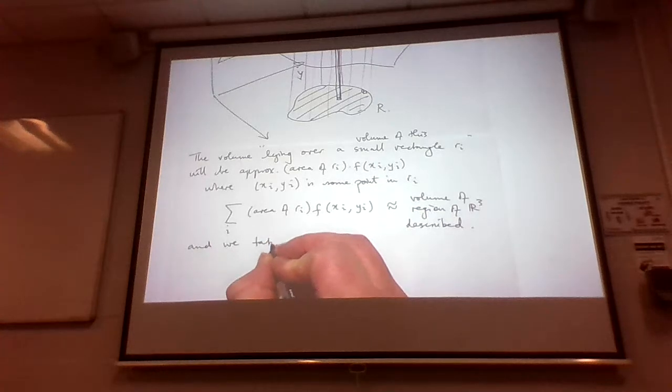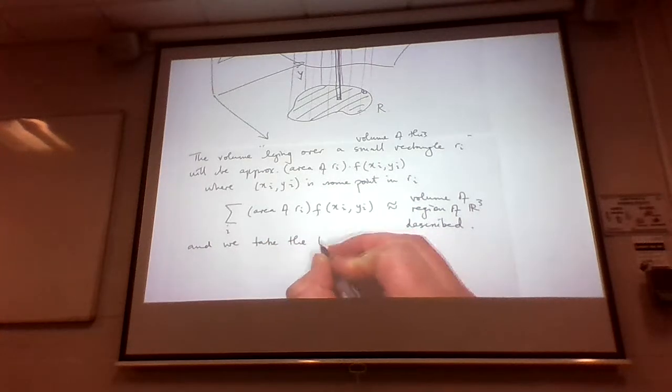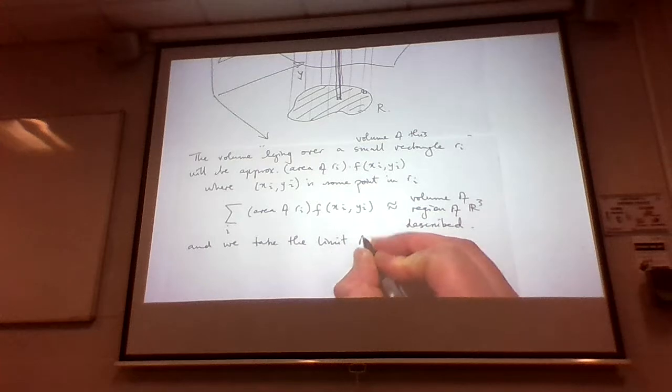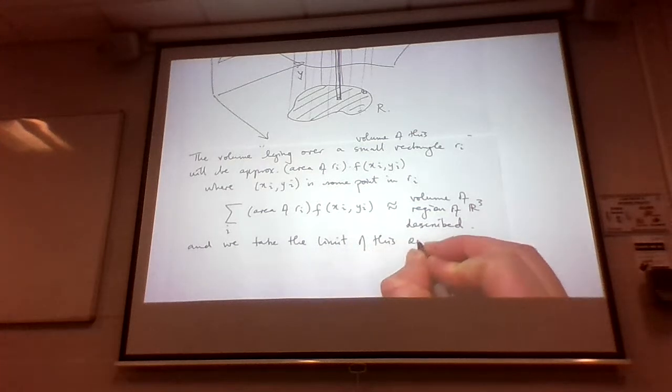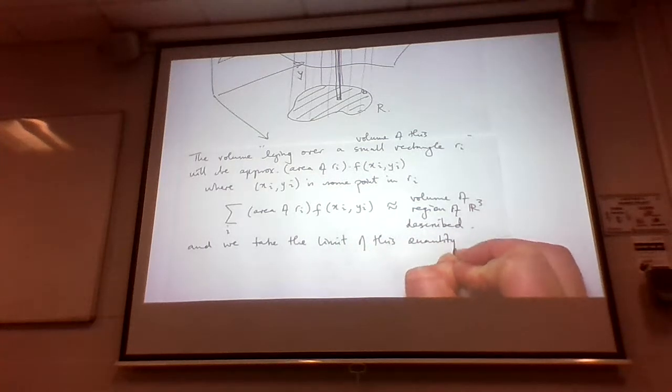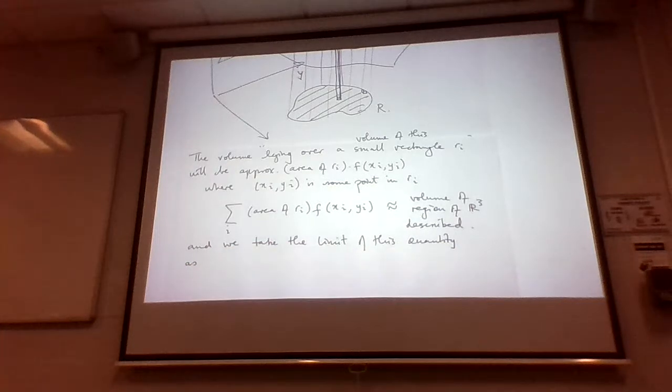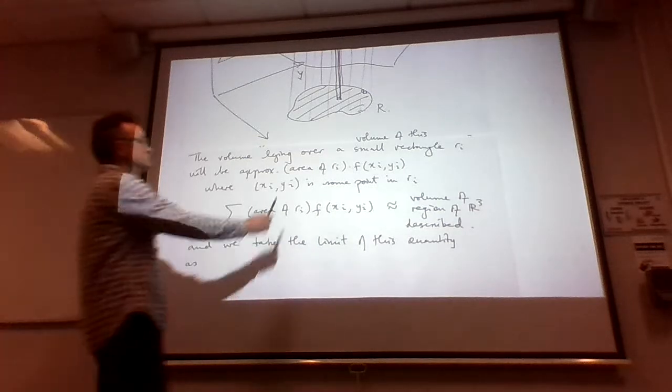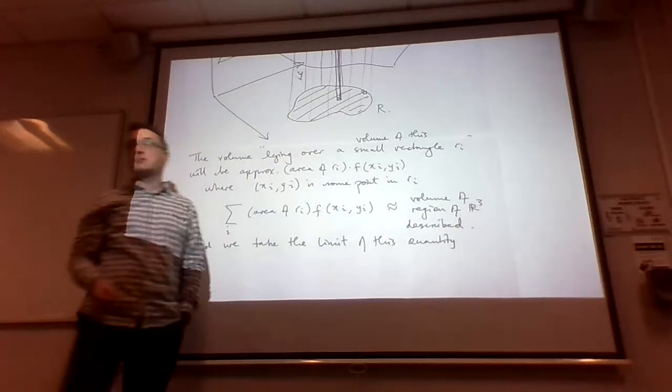But what we do is we take the limit of this process, the limit of this quantity. Well, the limit is what? Well, the limit is as the size of these small rectangles you're looking at approaches 0.